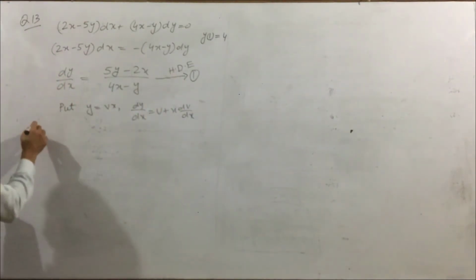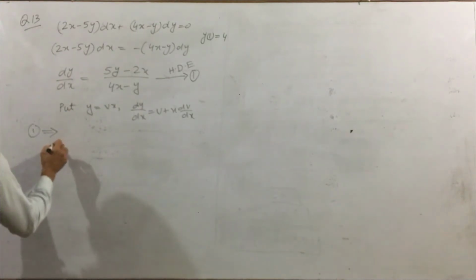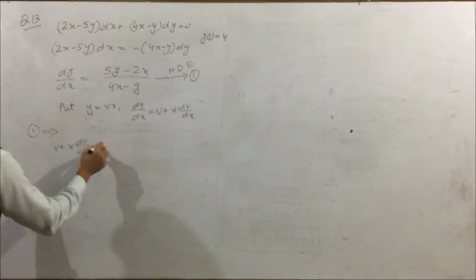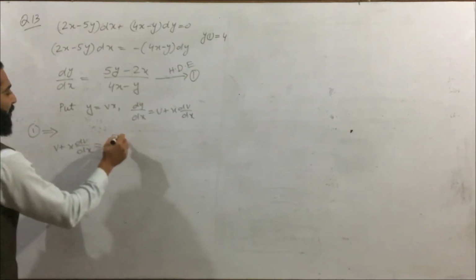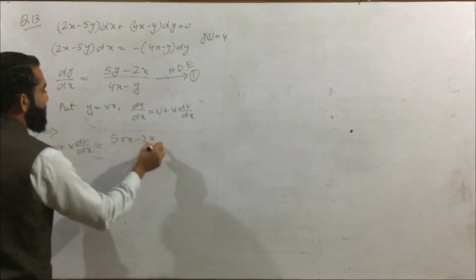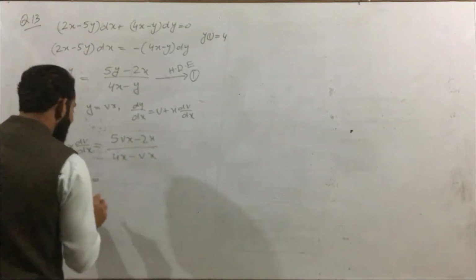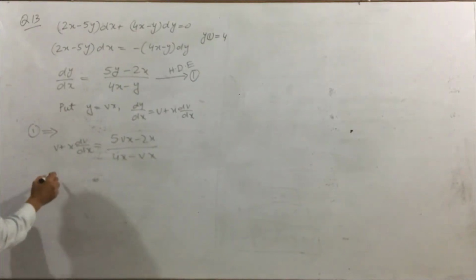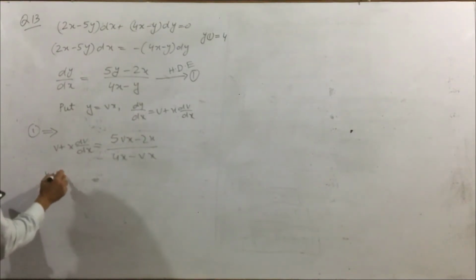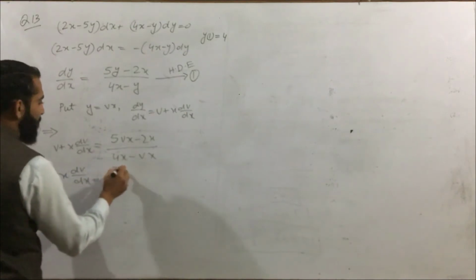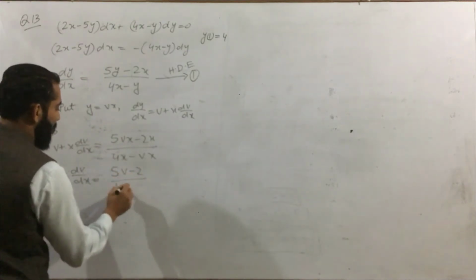So equation number 1 becomes v plus x dv over dx is equal to (5vx minus 2x) divided by (4x minus vx). By taking x common from the numerator and denominator and cancelling it, we get v plus x dv over dx is equal to (5v minus 2) divided by (4 minus v).